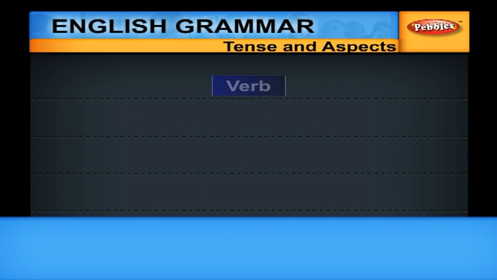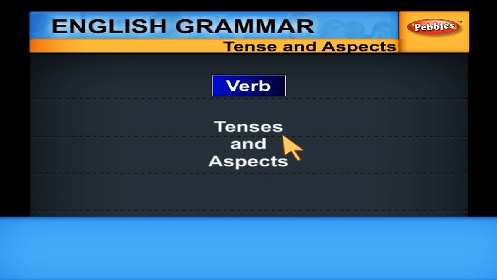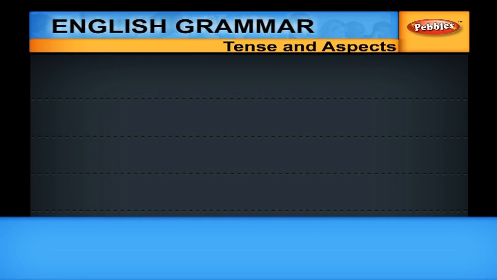When we talk about verb, we talk about tenses and aspects. What do you mean by tense? Without going into too many technicalities, let us broadly say that tense is related to time. If the reference is to the present time, then the verb is said to be in the present tense.